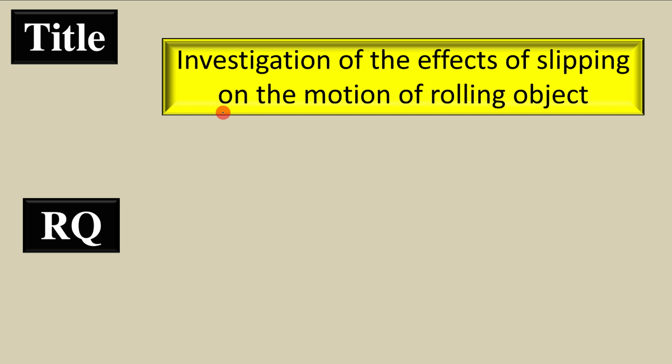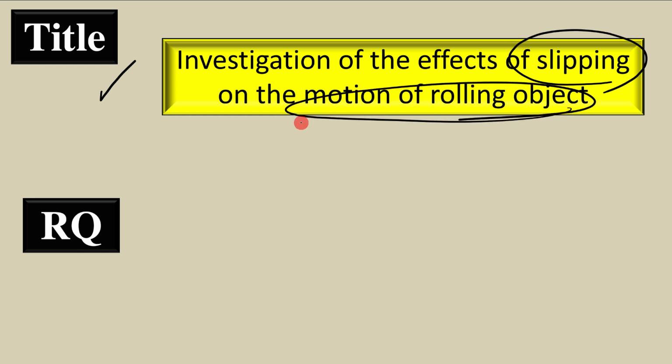Look at this one. Suppose that the title is "Investigation of the effects of sleeping on the motion of rolling object." Title is good. The field is physics and the focus is the effects of sleeping on the motion of rolling object. It's in the mechanics branch. It's good.